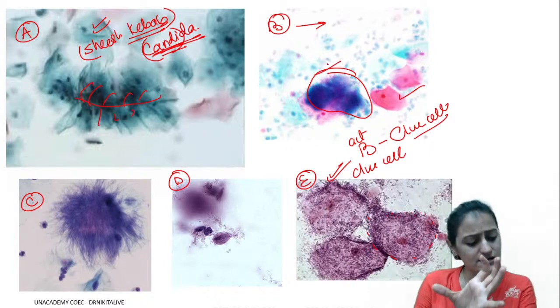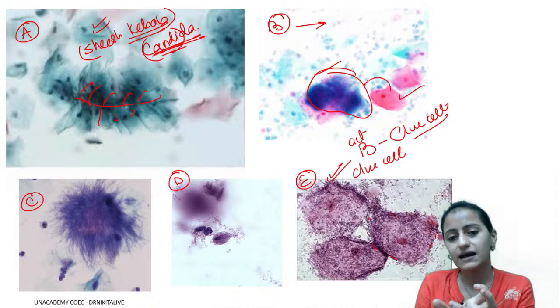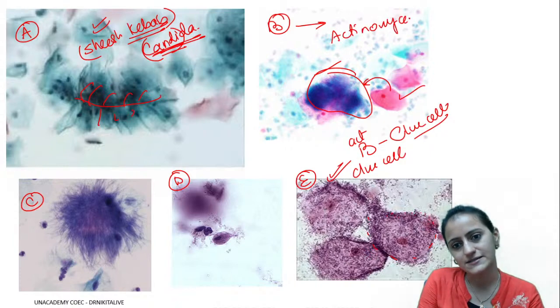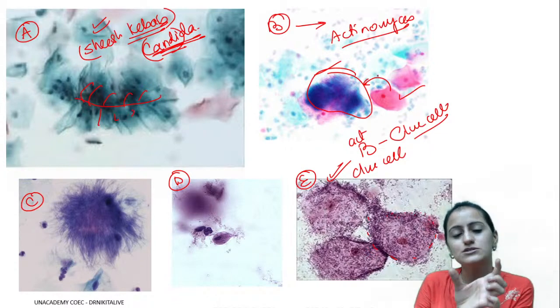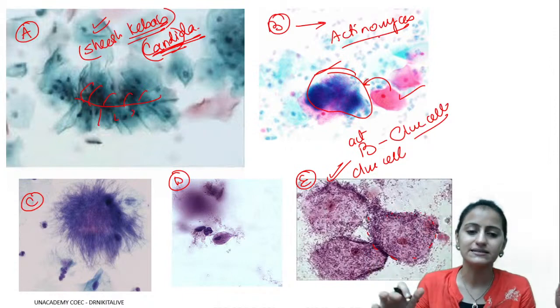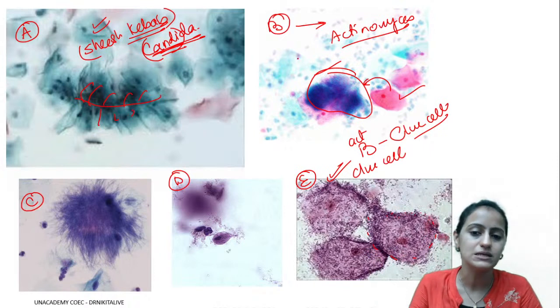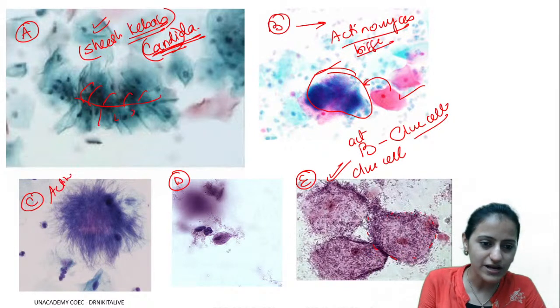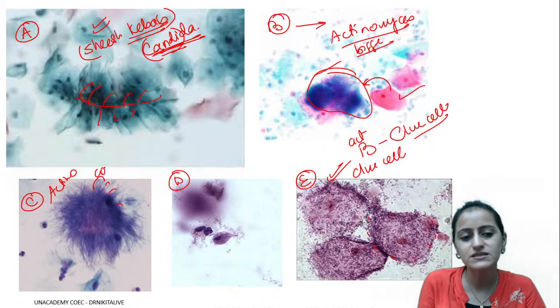When you see this organism is so huge, itna bada hai, bigger than the epithelial cell, then this is your actinomyces. Remember that actinomyces will be large, as the term also is large. Actinomyces is bigger than the epithelial cell. This also is your actinomyces, which is giving the cotton ball appearance.